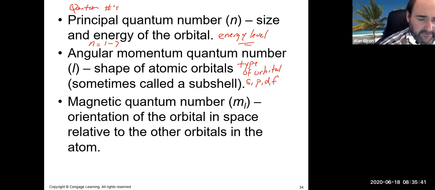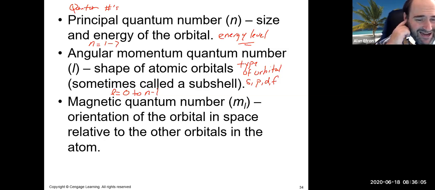Now, L can have values of 0 to n minus 1. So L can have a value ranging from 0 to n minus 1. M sub L, which is the magnetic quantum number, gives you the orientation of these orbitals in three-dimensional space relative to each other.